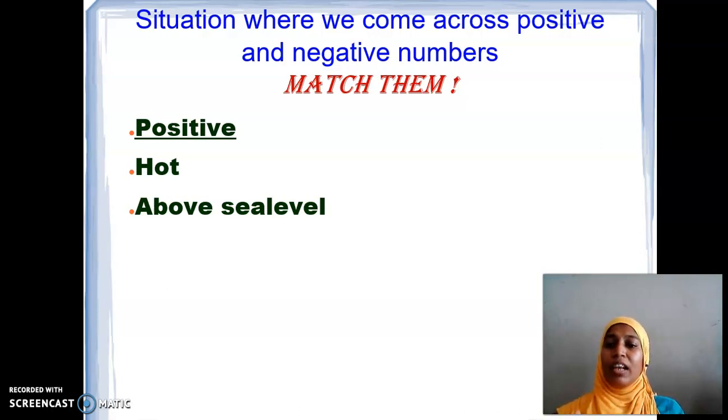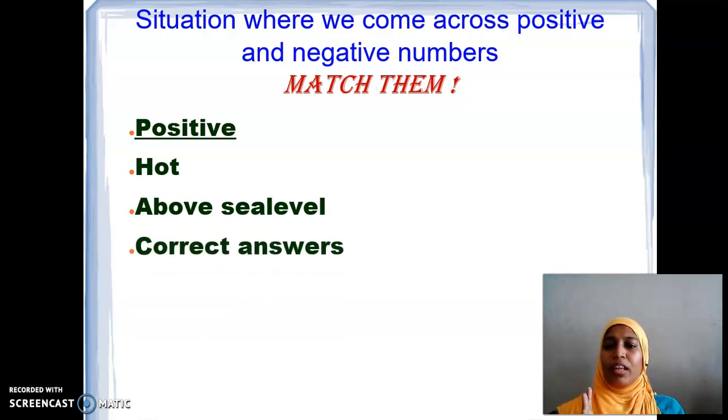Similarly, we have life below the sea level too. Many fishes are living there, many coral reefs are there. All those can be measured or represented using negative numbers. So, we have above sea level as well as below sea level. That's why I have considered above sea level in the positive quantity.